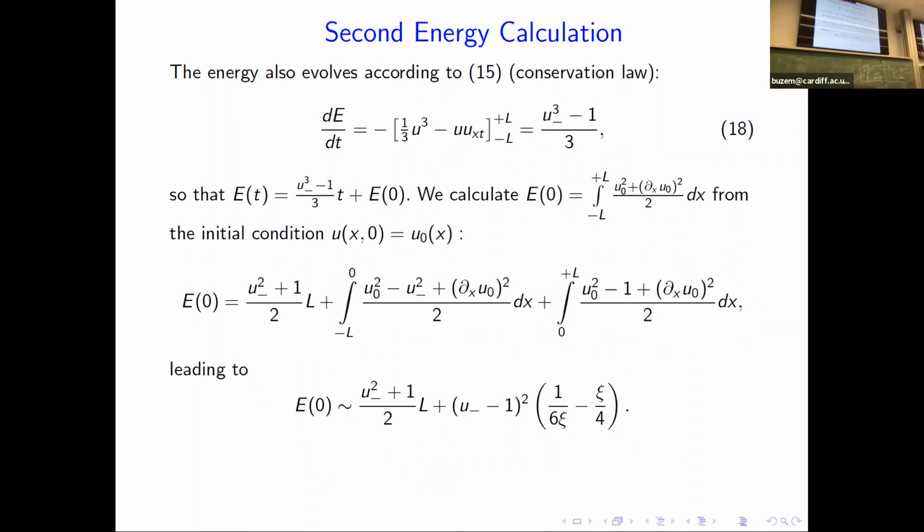Okay, and the UXT terms go to 0. So then E of t, integrating this equation, since there's only a constant on the right-hand side, is this linear term in t plus whatever the energy is at 0. But we can calculate the energy at 0 because we know what the initial condition is. Okay, so then we get this formula for the energy at 0. So here it is. We get that formula. Depends on C.